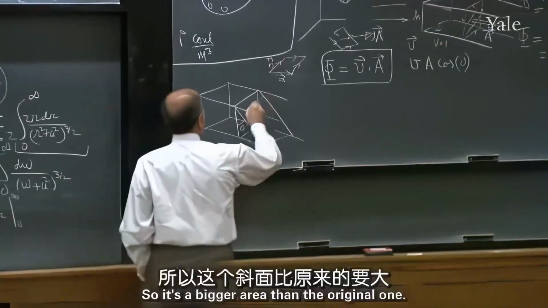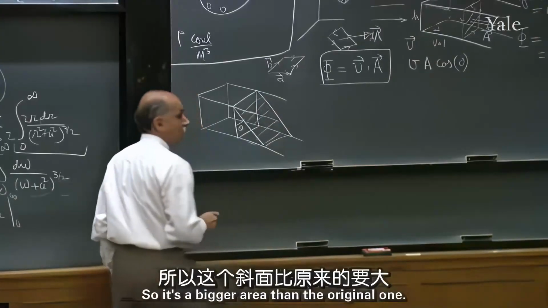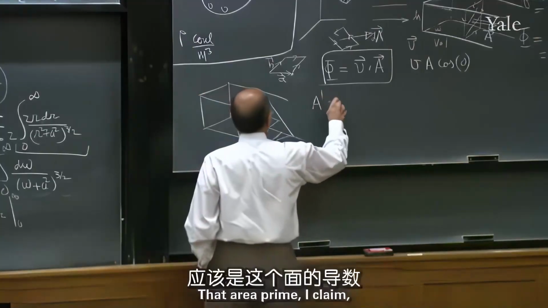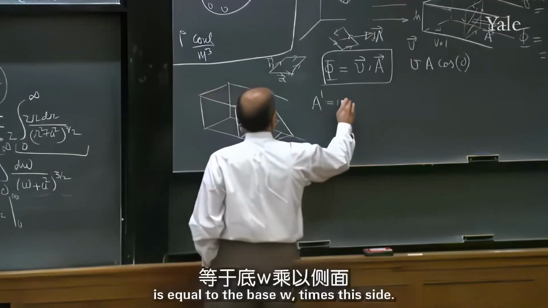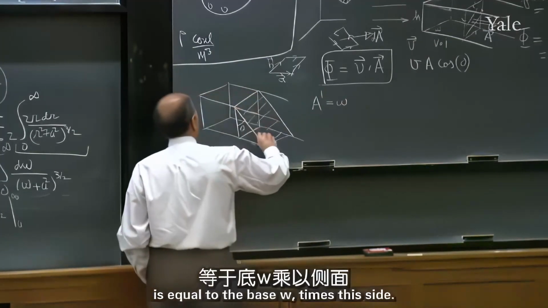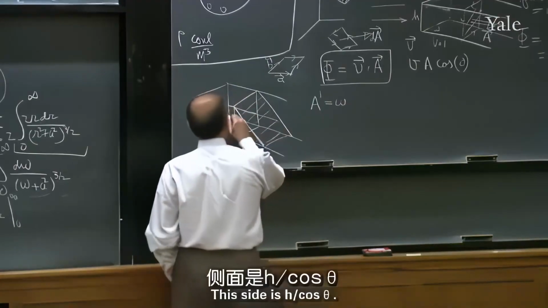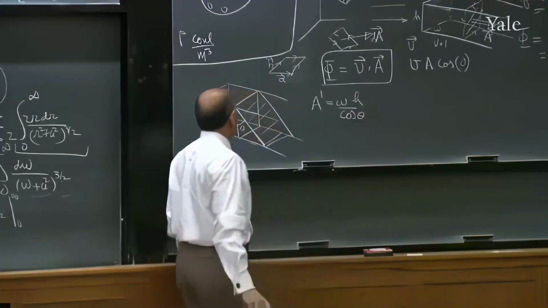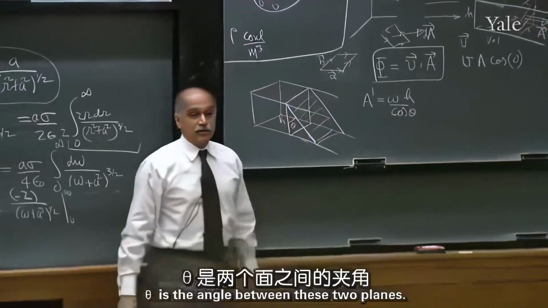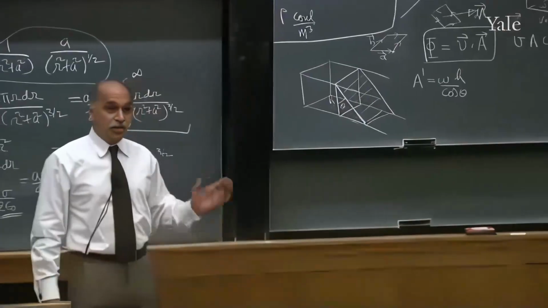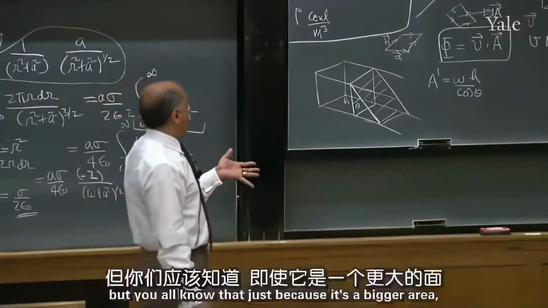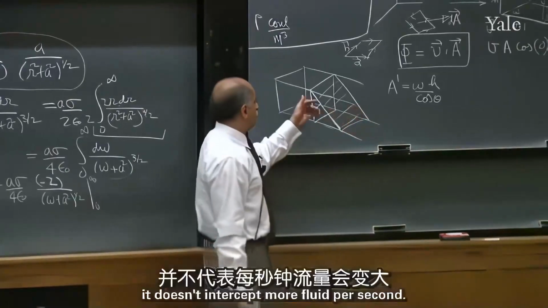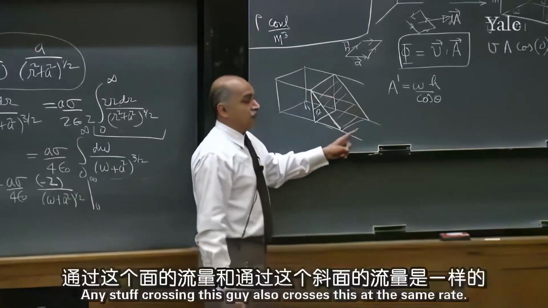So it's a bigger area than the original one. How much bigger? That area prime, I claim, is equal to the base, W, times this side. And this side is H over cosine theta. The theta is the angle between these two planes. It's a bigger area, but you all know that just because it's a bigger area doesn't intercept more fluid per second. Any stuff crossing this also crosses this at the same rate.